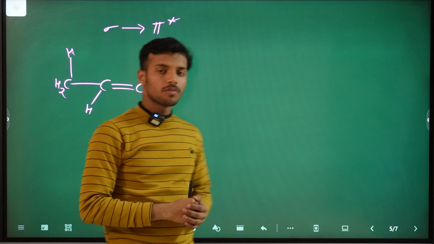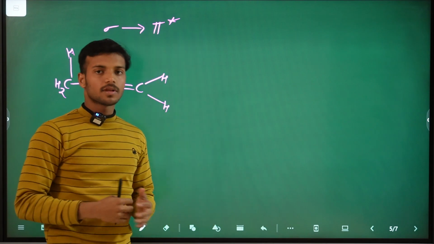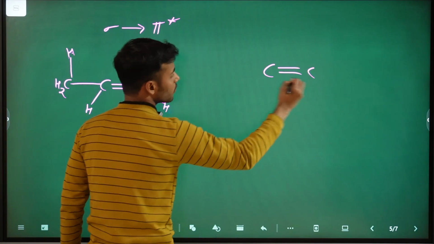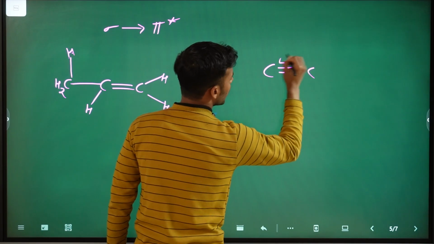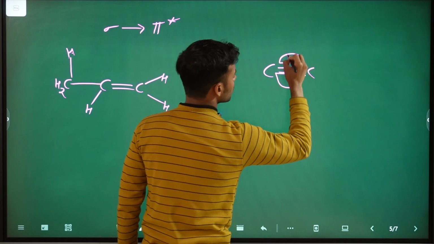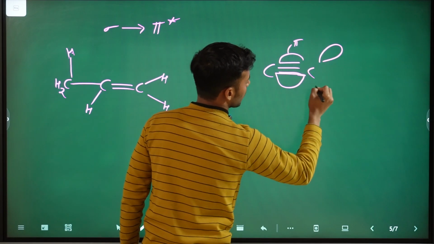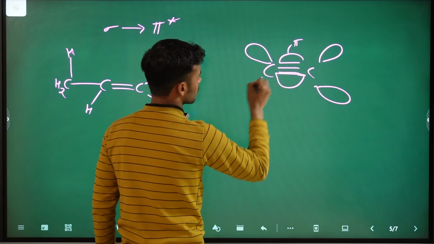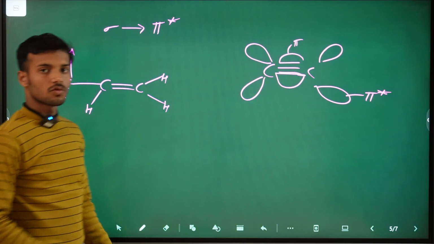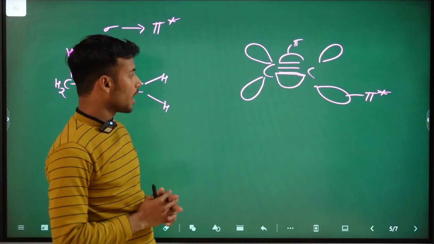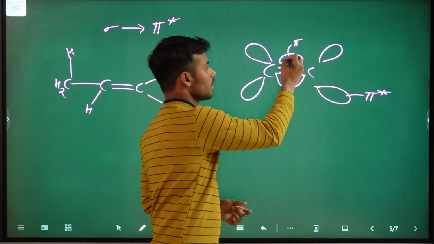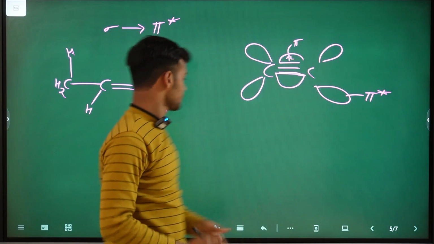Whenever a pi bond forms, a pi star molecular orbital also forms. So C double bond C has one sigma bond and pi electron density. This is pi, this is empty pi star. So whenever pi bond formation takes place, two molecular orbitals form: one is pi which is filled and pi star which is empty.